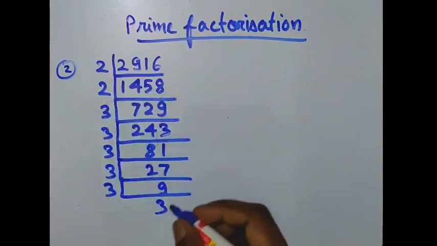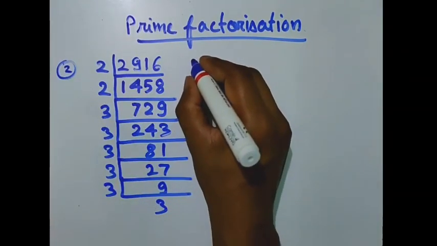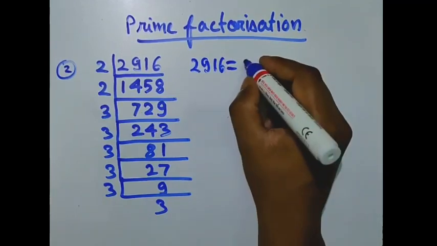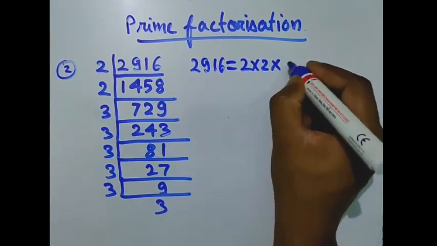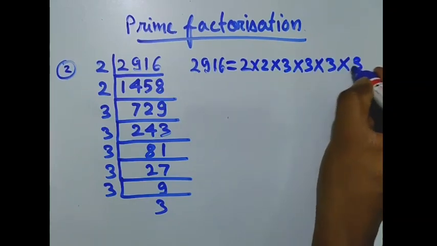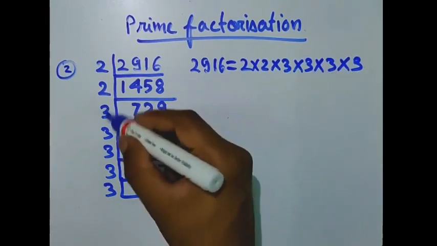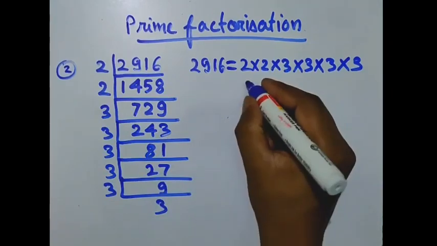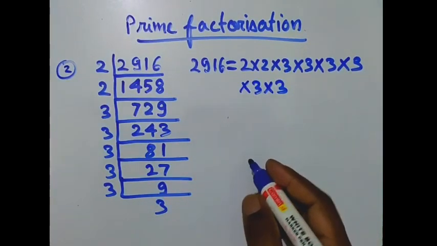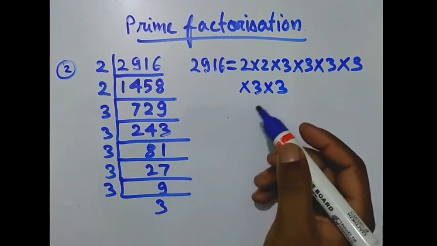Now let's represent them as a product of primes. So 2916 can be written as 2 times 2 times 3 times 3 times 3 times 3, and then 3 times 3. So you have got all the prime factors here.